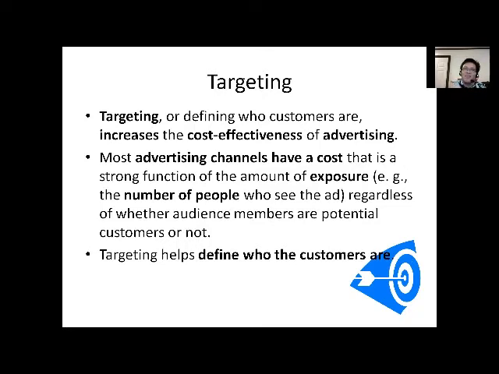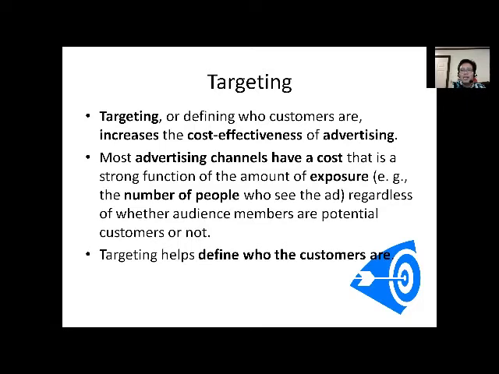Okay, so targeting, we define who the customers are, and this is very important because it increases the cost effectiveness of the ad campaign. So why do we say it's cost effective? Look at the next item. It says advertising channels have a cost. We all know that, obviously. You buy airtime or you buy space in a newspaper.